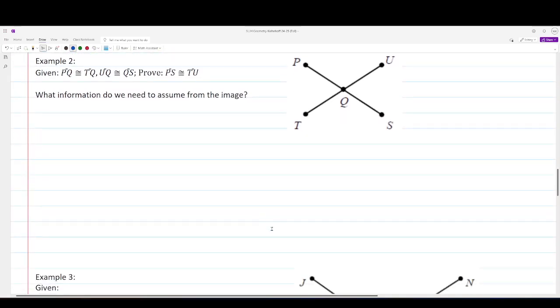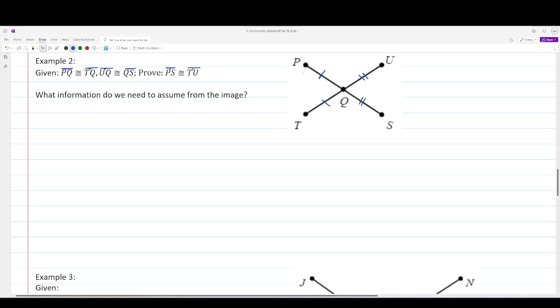Example 2, we have segment PQ is congruent to segment TQ, segment UQ is congruent to segment QS, and we need to prove PS is congruent to TU. So again, we're going to start by marking things on the drawing. PQ is congruent to TQ. We'll put 1 dash on those. And then we have UQ, we'll put 2 dashes, is congruent to QS, also gets 2 dashes.